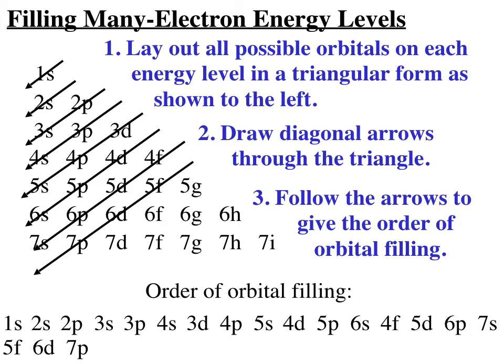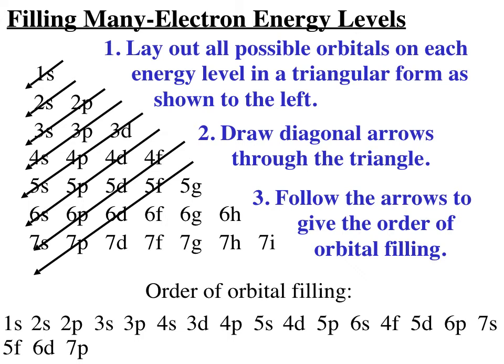Then start at the top arrow to its tip and then go to the second arrow to its tip, third arrow to its tip, and those show you the order of filling. So at the very bottom it shows you fill the 1s, then the 2s, then 2p, 3s, 3p, 4s, 3d, 4p, 5s, 4d. This gives the proper order of filling, at least for the first several rows.